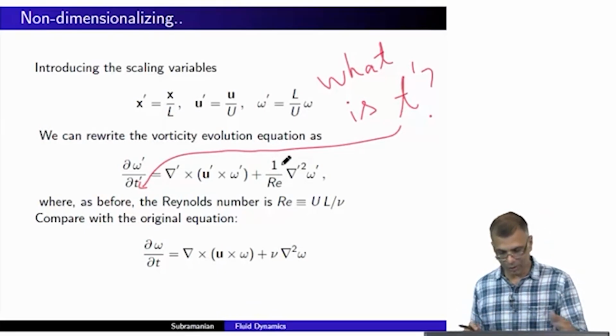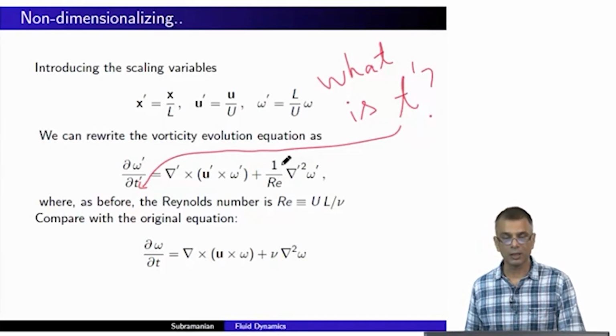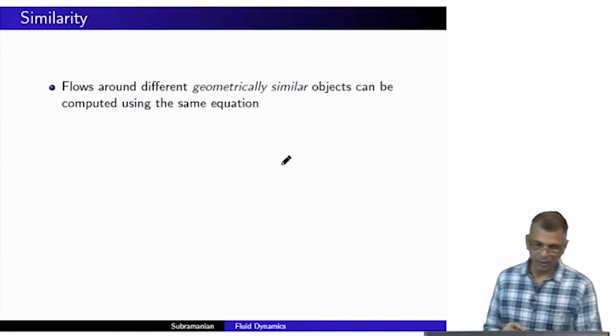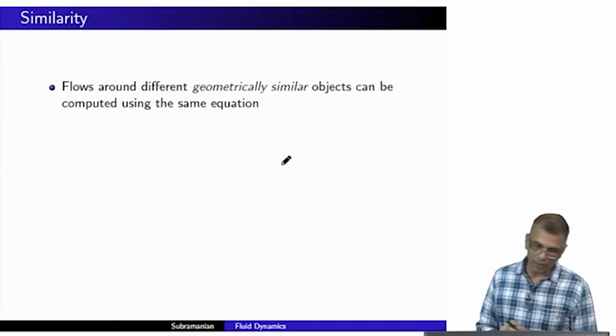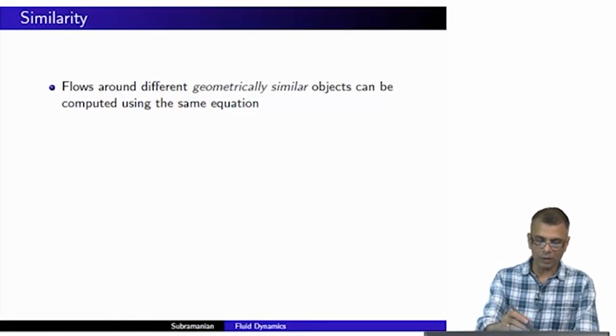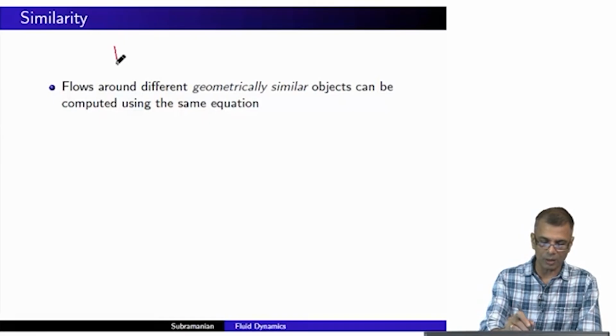So it's very similar to the way in which we did the Navier-Stokes equation. The advantage in doing this is that this is the concept of dynamic similarity which I alluded to.